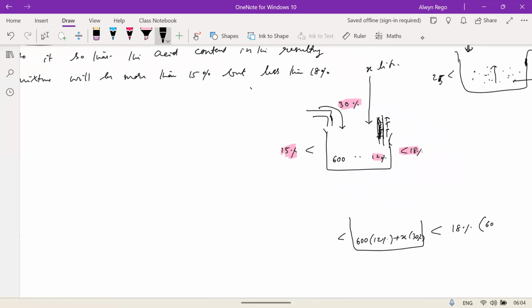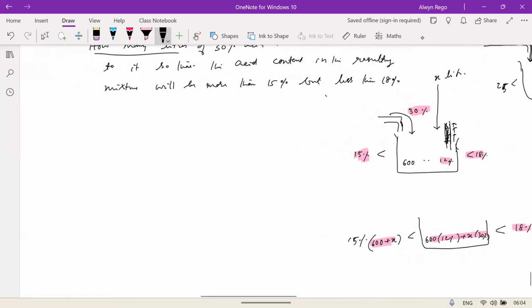Earlier you had 600, now you added X liters, so 15% of the total quantity is less than the total concentration, which is less than 18% of the total quantity. So the whole model comes out like this.